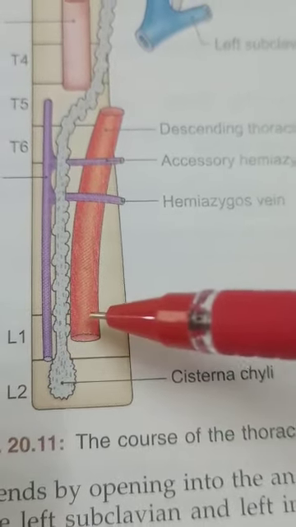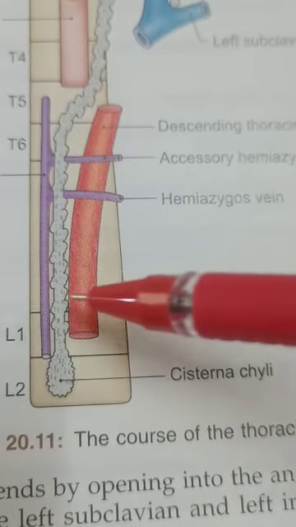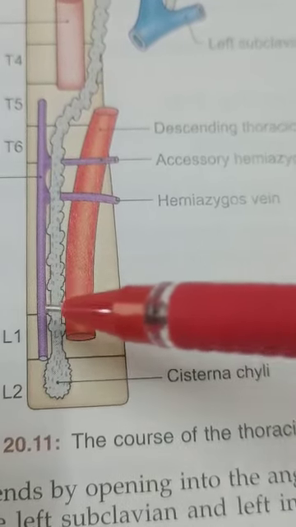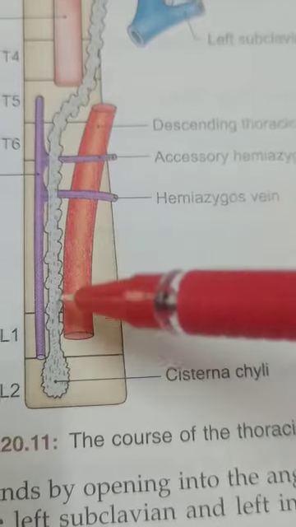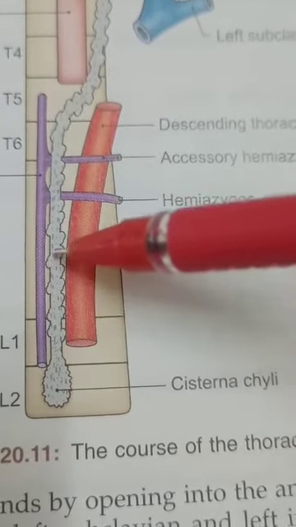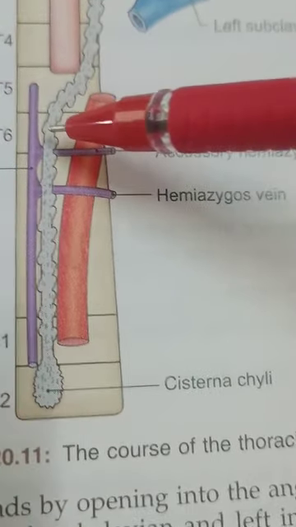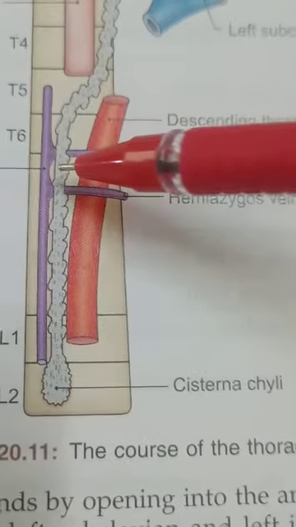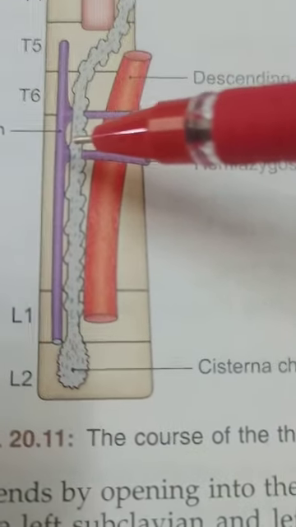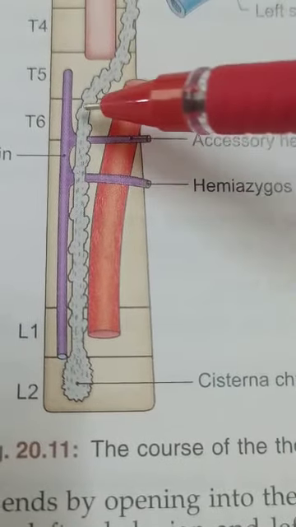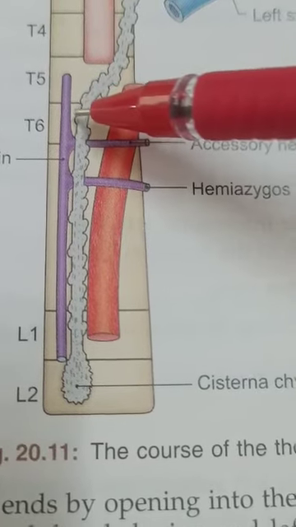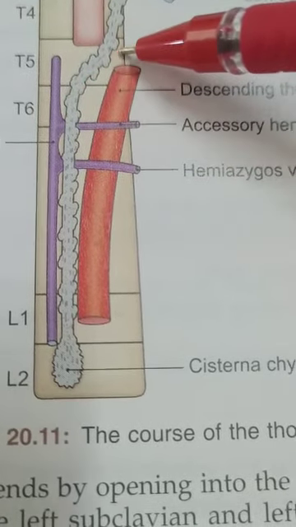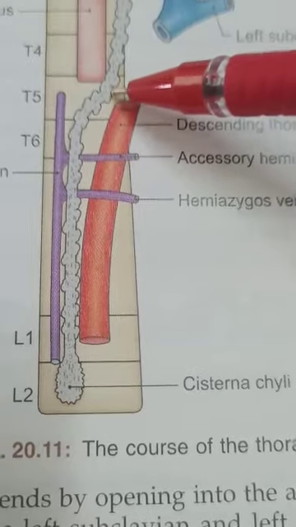It reaches the thorax and passes upward till it reaches the T5 vertebra, where it crosses from the right to the left side.